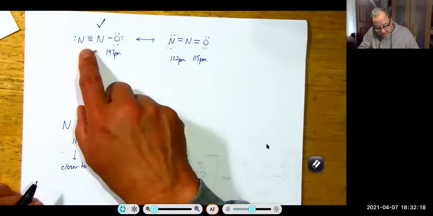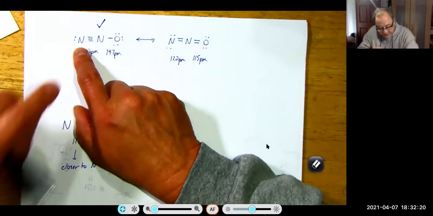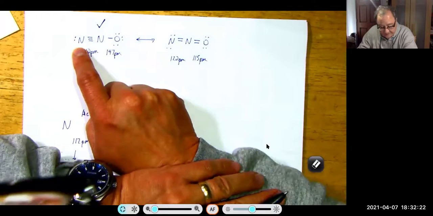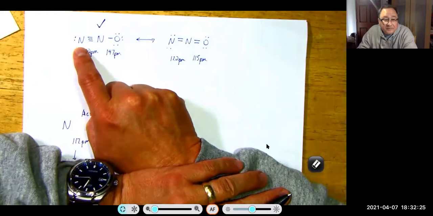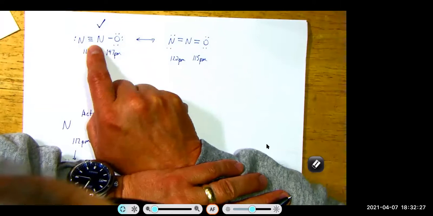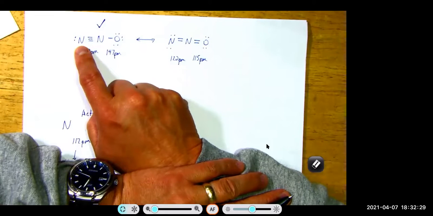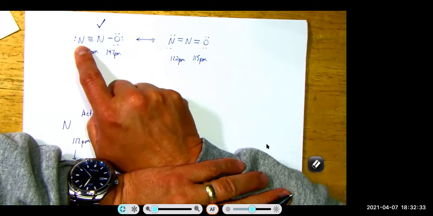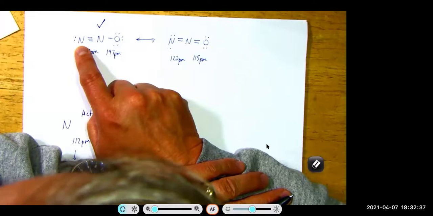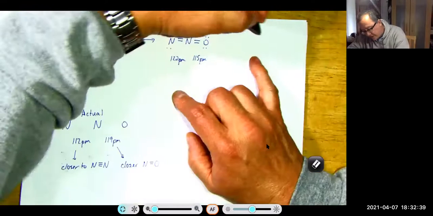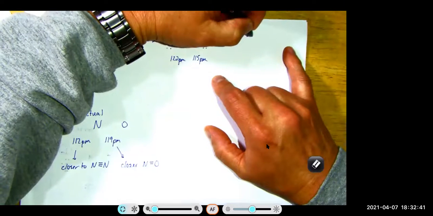Here's what I would say. The reason we may like this one better is because that nitrogen has how many bonds? 3 bonds. How many does it normally make? Normally makes 3, but it can make more.